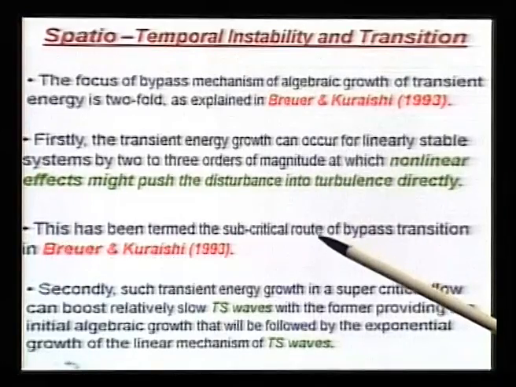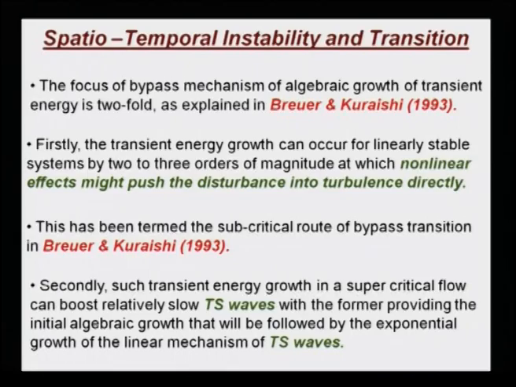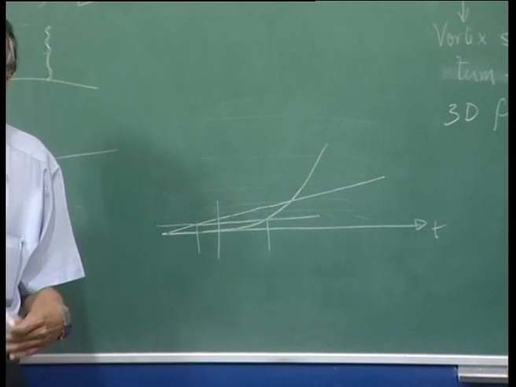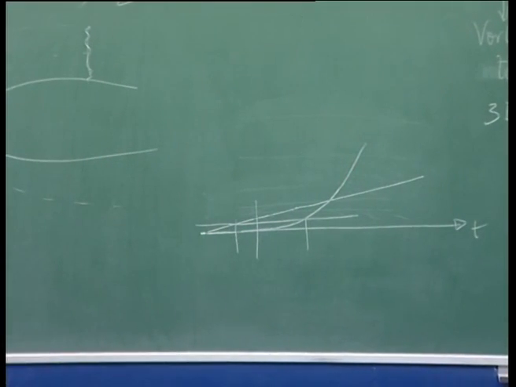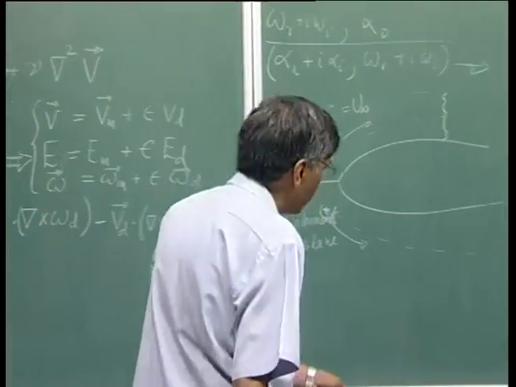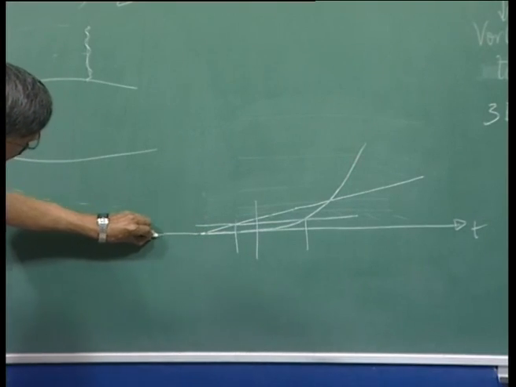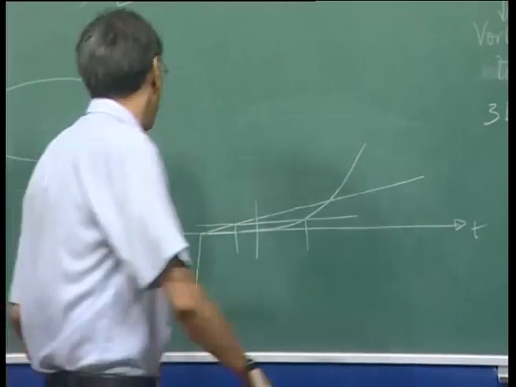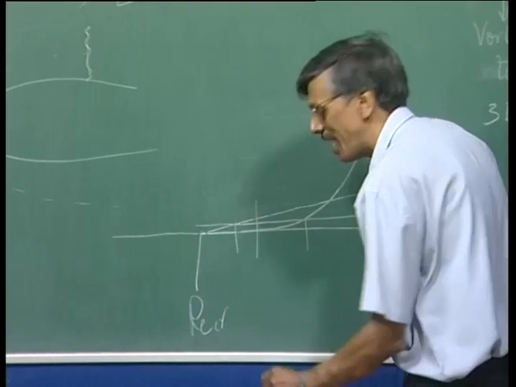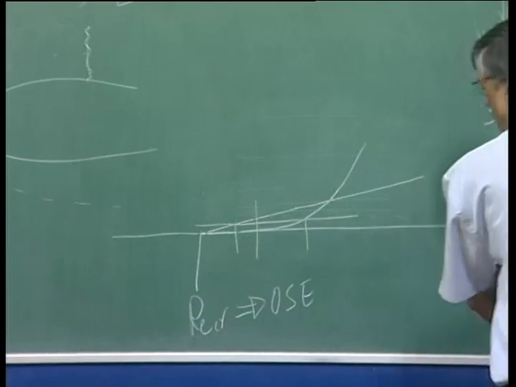And when that does happen, you talk about it as a subcritical route, quite obviously, because we have talked about criticality with respect to the creation of unstable waves per se, but here this is somewhat of a different case, that I could have a flow where this is my Re critical based on OSE, right. So, this corresponds to the Orr-Sommerfeld equation, and this is what people are talking about.